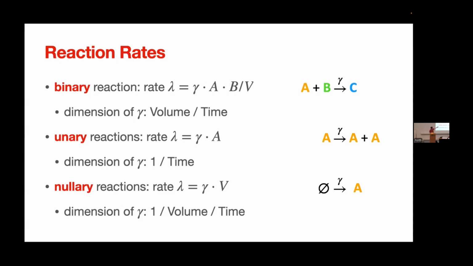Here there's only one reactant A, so it's just gamma times A. And a nullary reaction is just something being produced out of thin air. Most likely that's an inflow from the outside. You're modeling something like an external inflow, external production.